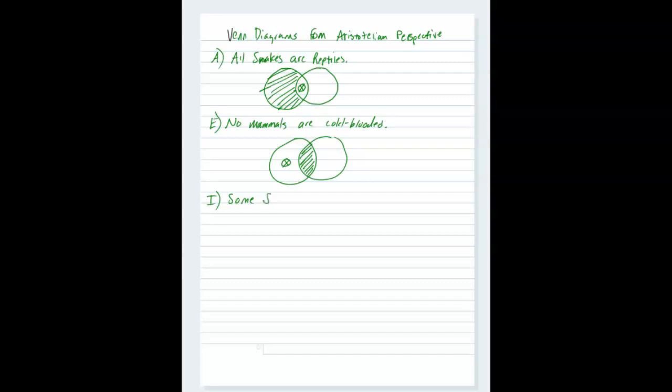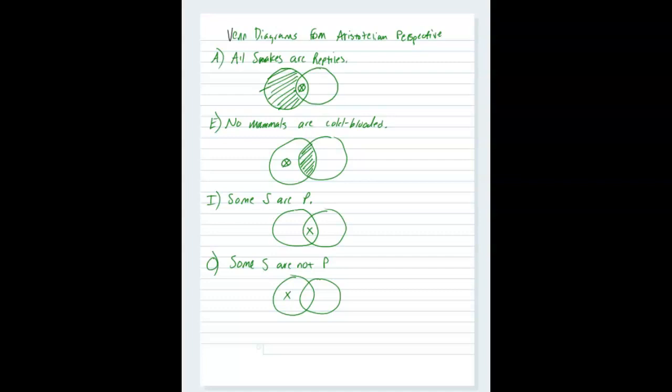So for the A proposition, the circled X will go in the middle of the diagram, and for the E proposition, the circled X will go on the left-hand side of the diagram. That's the only difference between the Aristotelian Venn diagrams and the Boolean Venn diagrams. As you'll notice here, we've got the I and the O propositions diagrammed with the X in the middle for the I proposition and the X on the left-hand side for the O proposition.